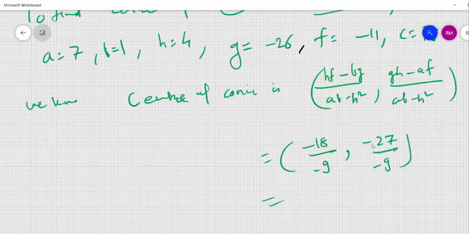That is nothing but 2, 3. So the center of the hyperbola is 2, 3. In this way we are finding the center of the conic.